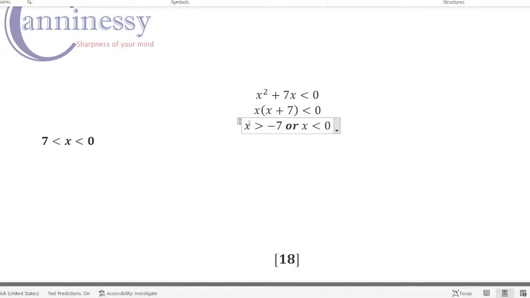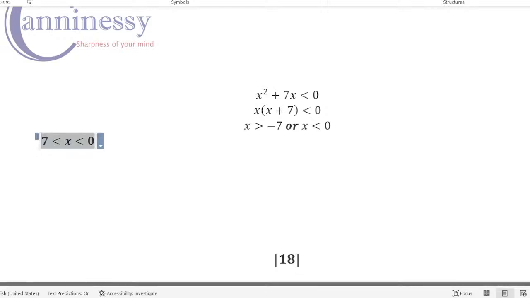So if you say x is greater than negative 7 or x is less than 0, you can write it in a simple form, in the proper form. You can say x is less than 0, while x is greater than 7. Perfect. So this is the form that you write.